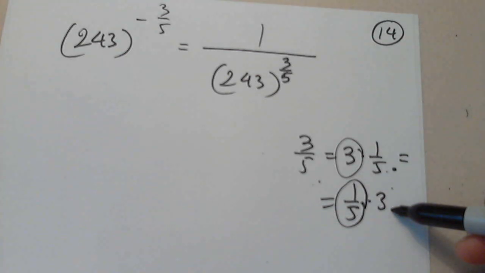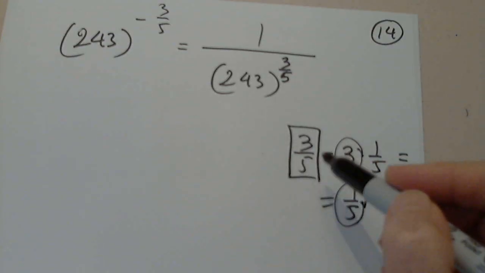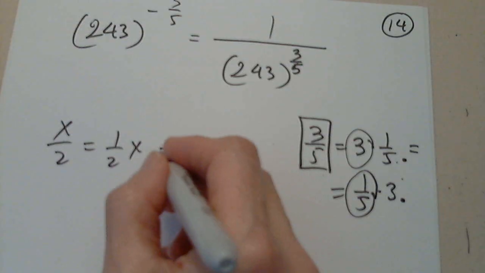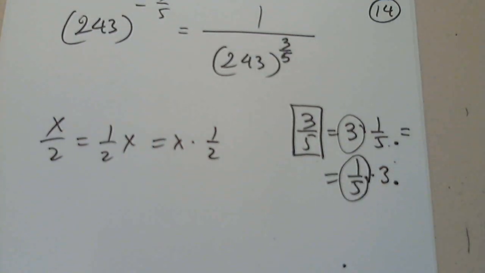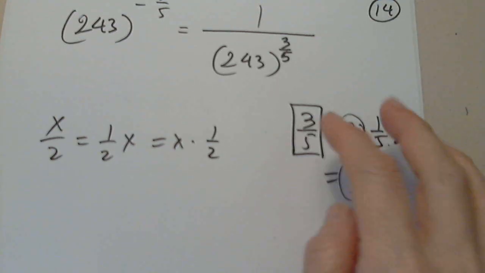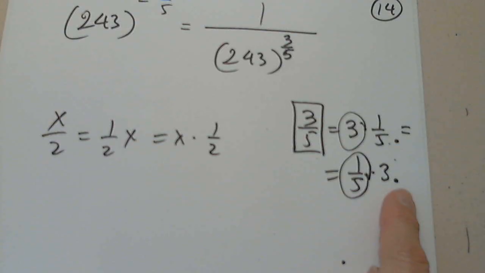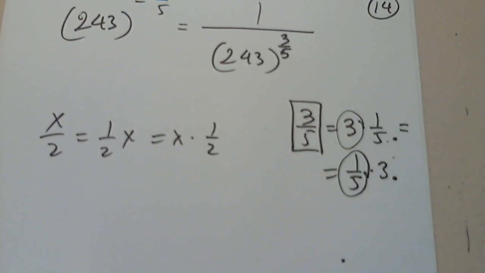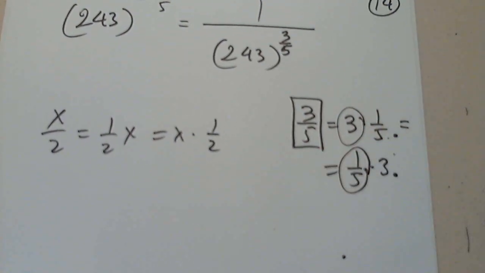Yeah, that's what I meant, like the multiplication factor. Exactly. Because that's what I taught you, if you remember. X divided by 2 is the same as 1/2 x. It is the same as x times 1/2. And you decide what is more convenient. So this time it was more convenient to apply the 5th root first and then raise to the 3rd power. Right, because it's a big number, make it smaller. Exactly. So 3/5 is the same as 3 times 1/5 or 1/5 times 3.